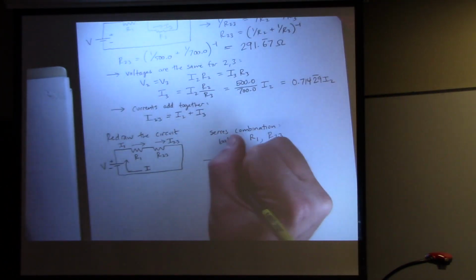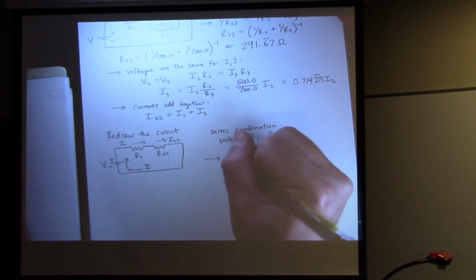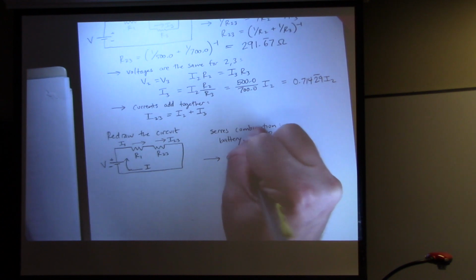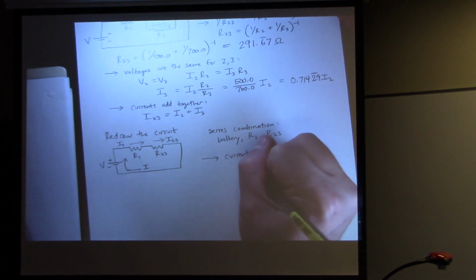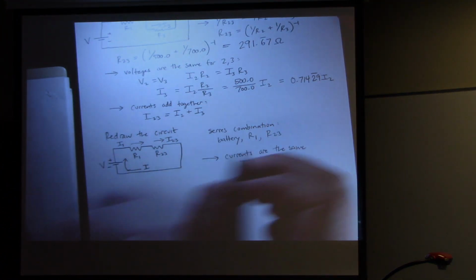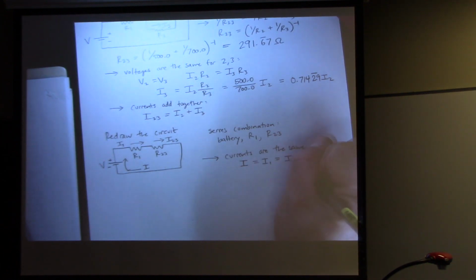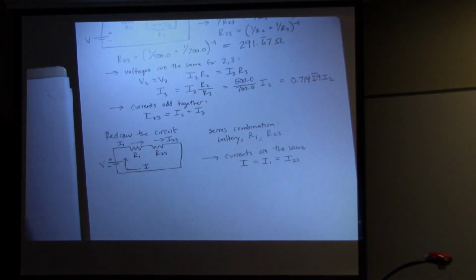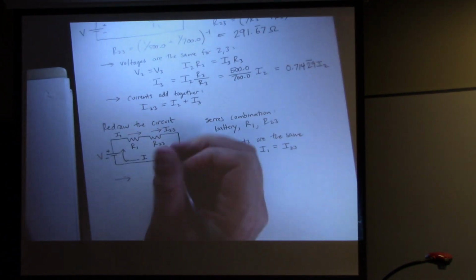So one thing we can say about series combinations like this is that the currents are equal. Currents are the same. So that means I, the current going through the battery, is the same as I1, is the same as I23. Those are all the same thing. Now let's do the equivalent resistance.